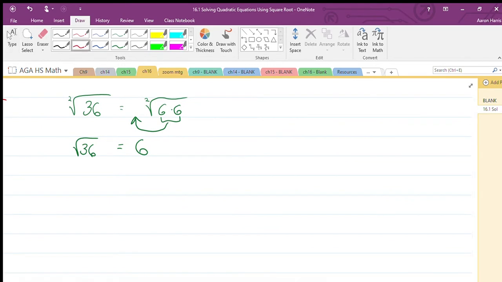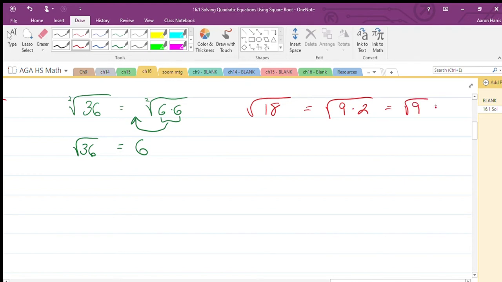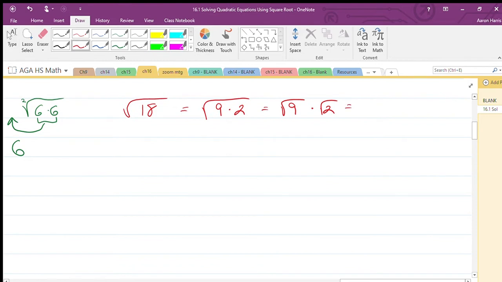Now, it doesn't have to be a perfect square. I showed you that on the first one. What if it was 18? What can I break 18 down to? A 9 times what? 2. Well, that splits into the square root of 9 times the square root of 2. So I can write the square root of 9 as what? 3 times 3.